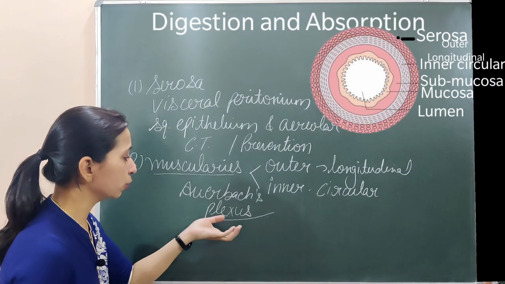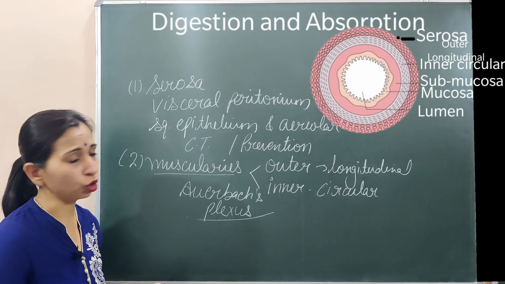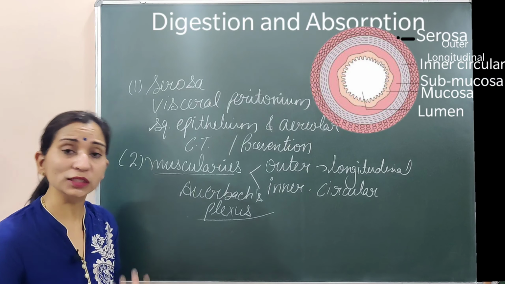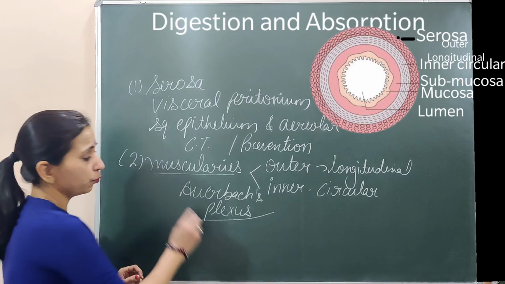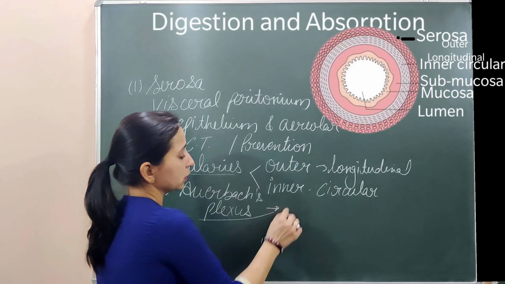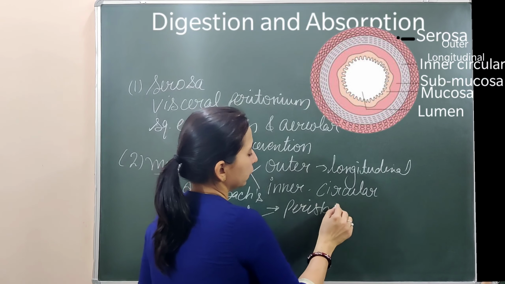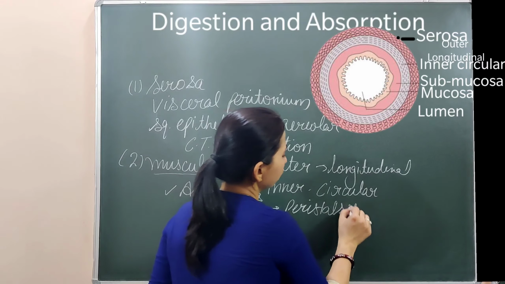This plexus controls the movement of the alimentary canal, that is, it controls peristalsis. तो इस plexus का काम क्या है? It controls peristalsis. ये peristalsis को control करने का काम कर रहा है. Okay. This is about the second layer.